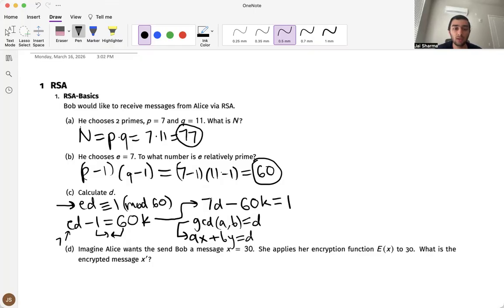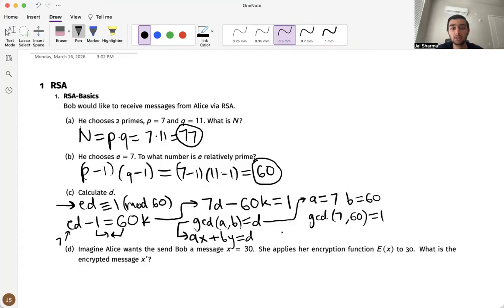Now, given that 7 and 60 are relatively prime, their GCD is 1. So what are A and B over here? A is equal to 7, and B is equal to 60, and their GCD is equal to 1.